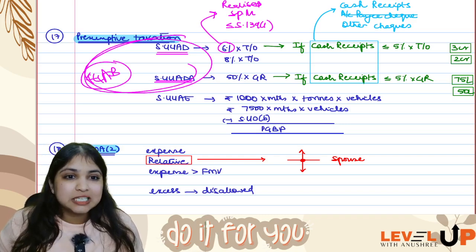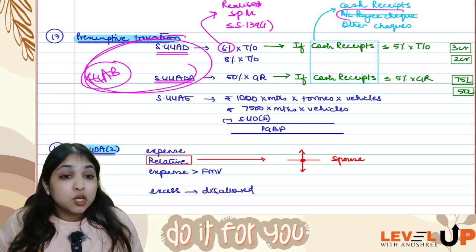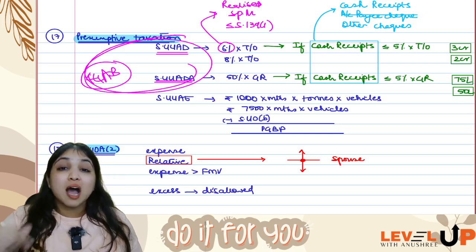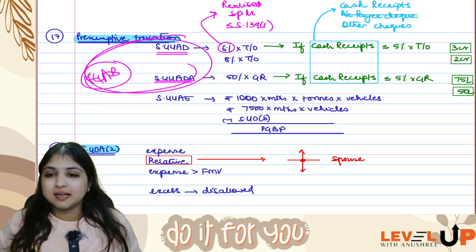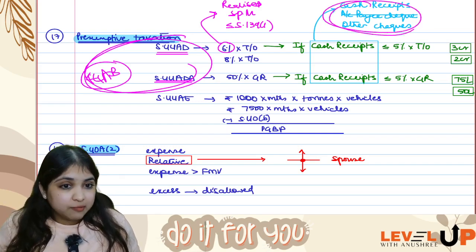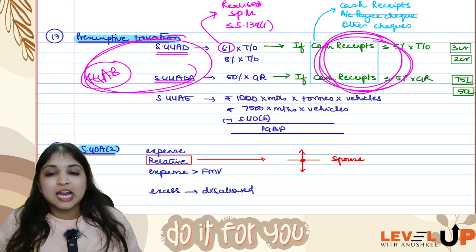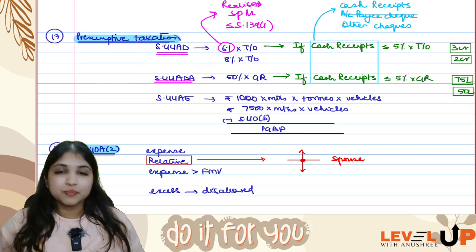So cash receipt means what? It will include cash receipts. It will not include account payee cheque, but it will include other cheques. All cheques other than account payee cheque will also be considered as cash receipts. So this concept will apply not only to 44AD and 44ADA when you're doing this checking, it will also apply to 44AB. All clear, guys?